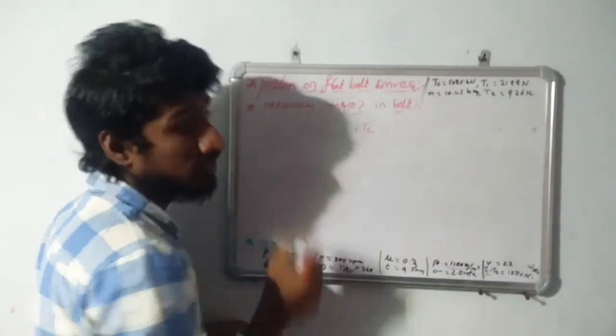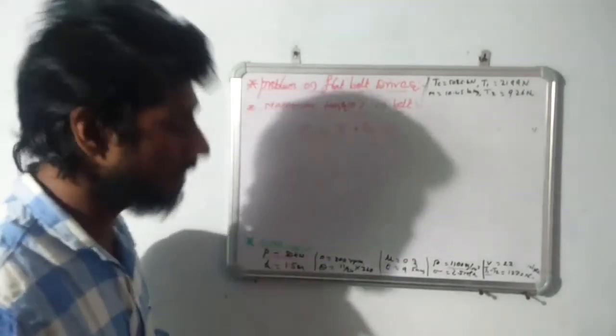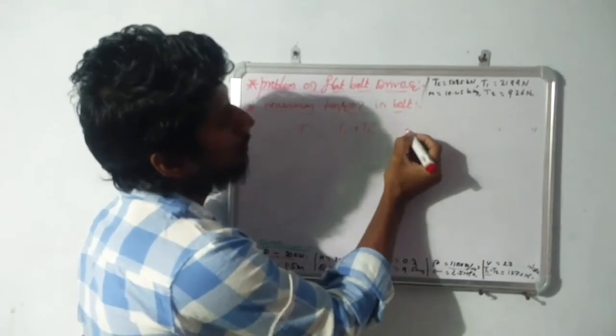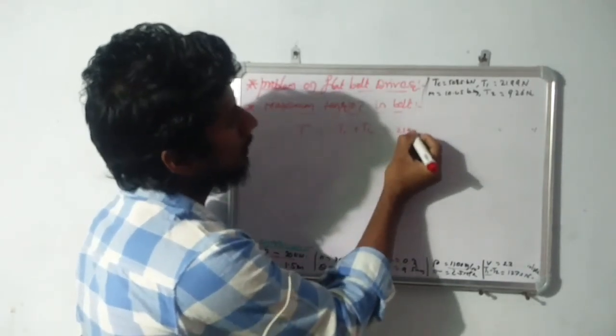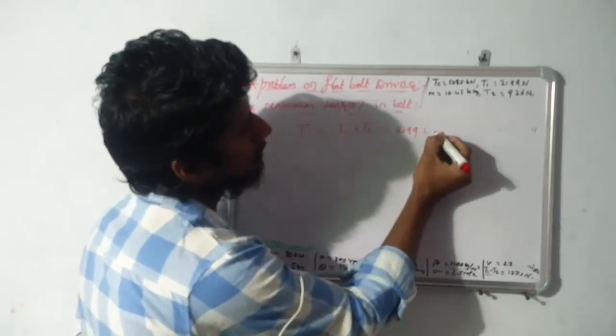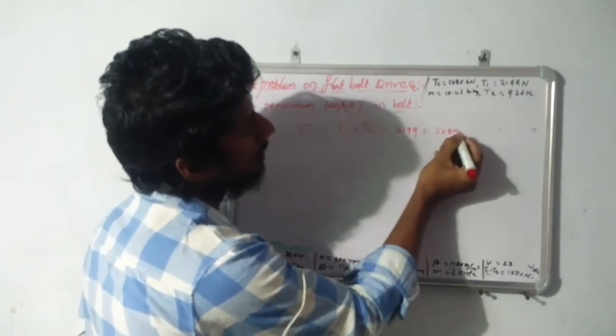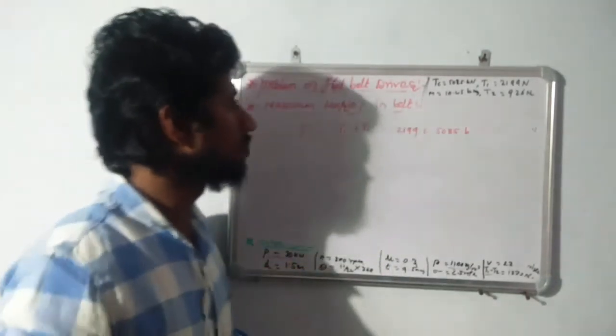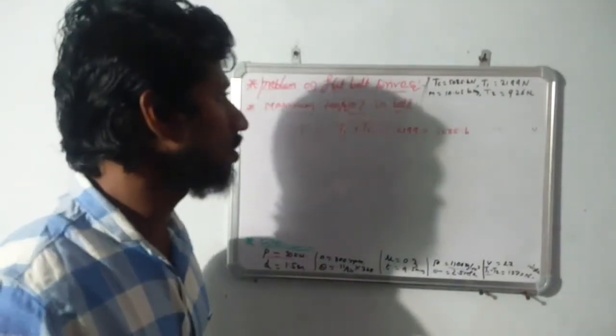Here T1 is the tension on the tight side and Tc is the centrifugal tension. Substitute those values here: T1 is 2199, plus Tc, which is 5085 B.